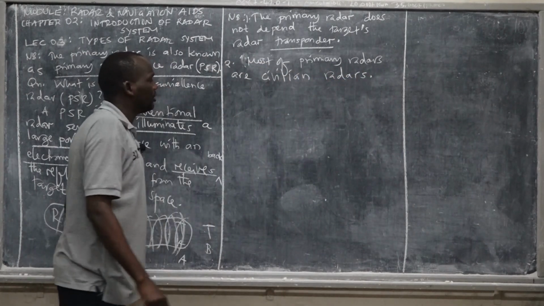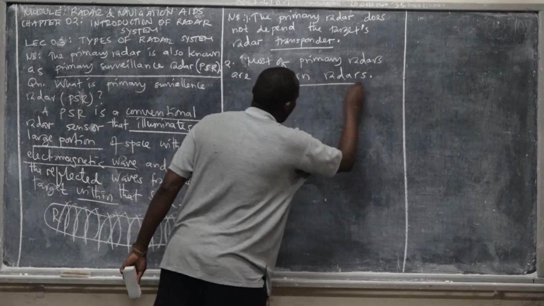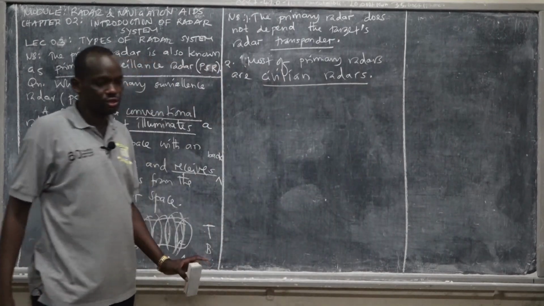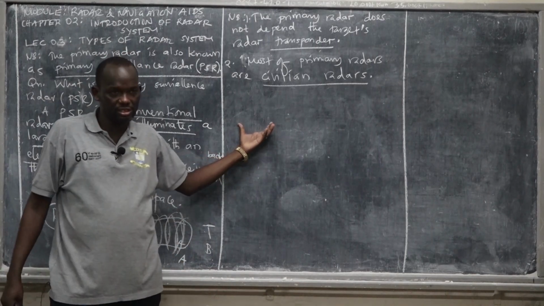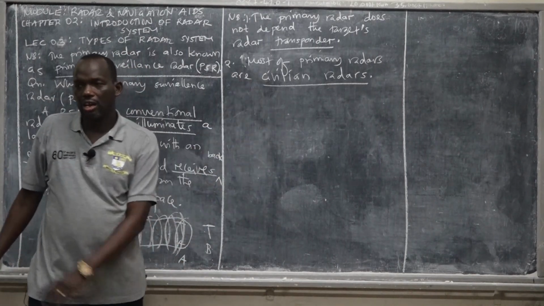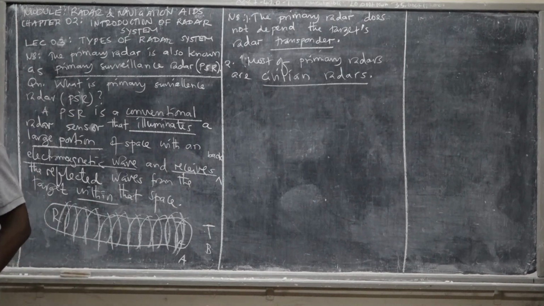Say civilian radar. So most non-military radars are primary radars, and most of the military radars are secondary radars.